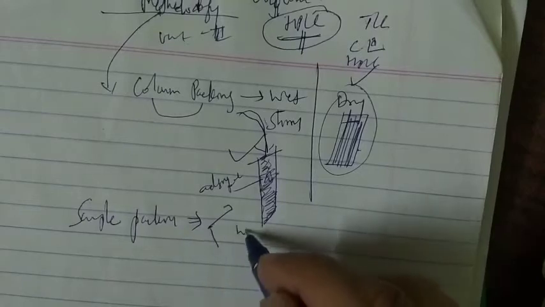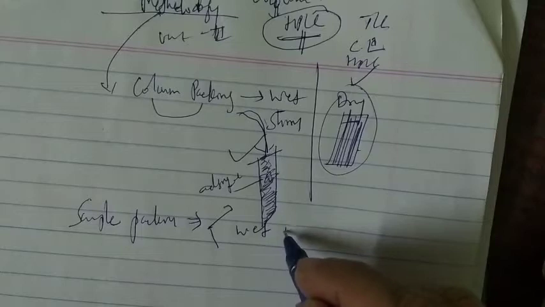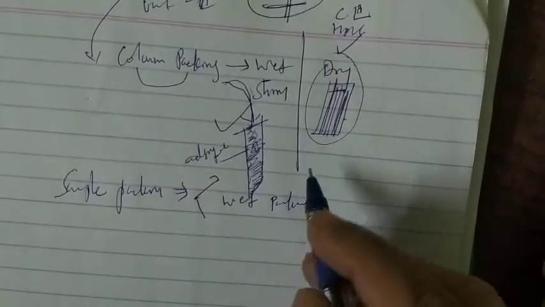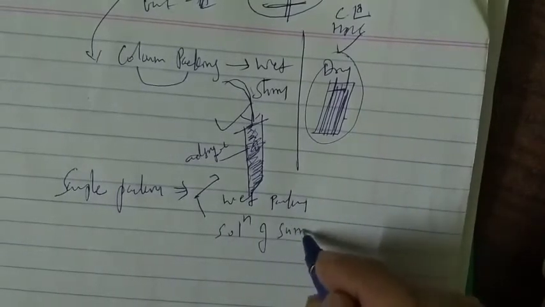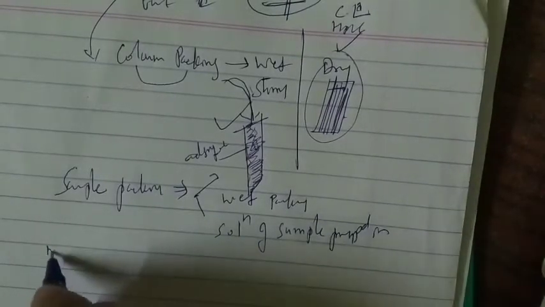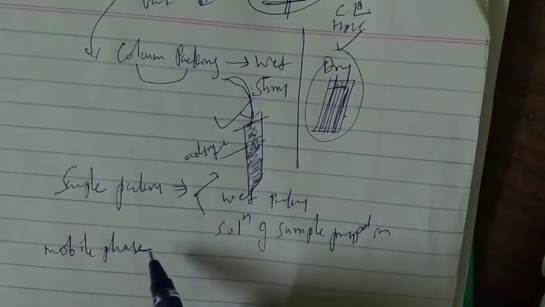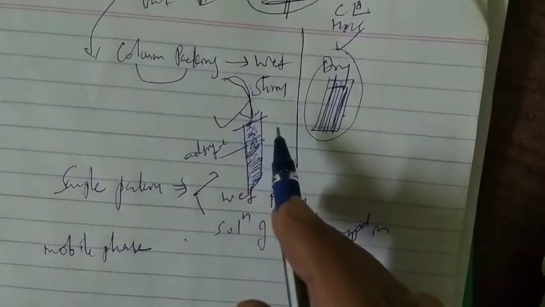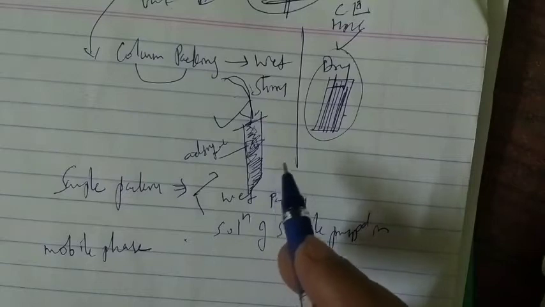First is wet packing of the sample, where the solution of the sample is prepared in the mobile phase. Then it is poured onto the stationary phase from the top of the column.